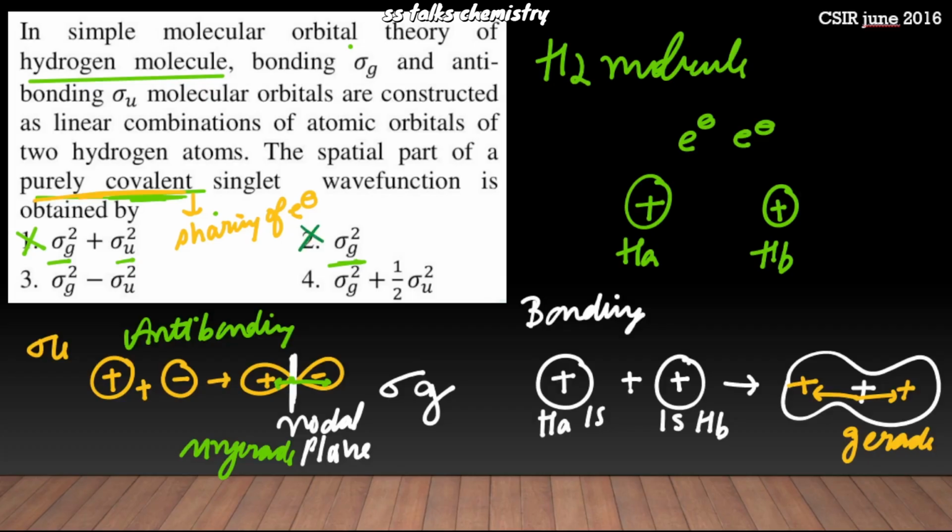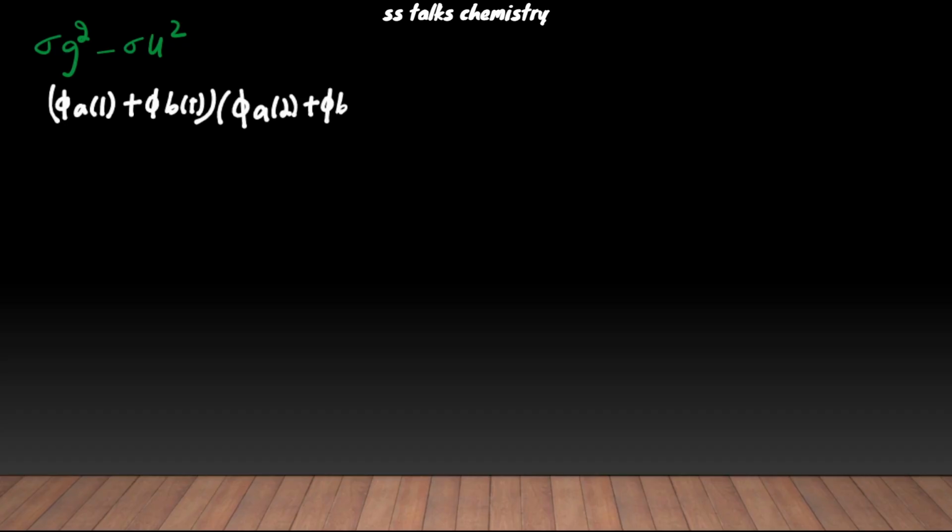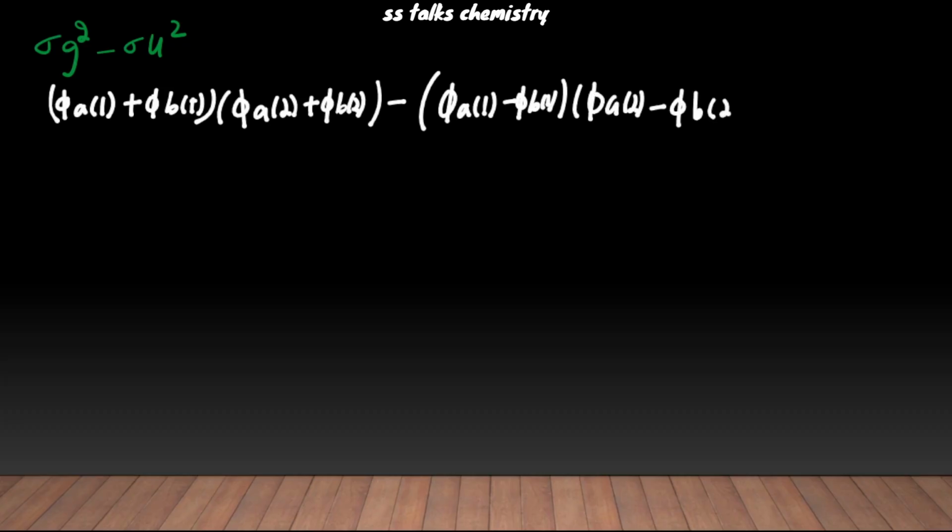Right. Now the third is sigma G2 minus sigma U2. Let's do that. It is sigma G2 minus sigma U2. So it will become phi A1 plus phi B1 into phi A2 plus phi B2, right? Minus of this, which is phi A1 minus phi B1 into phi A2 minus phi B2, right?